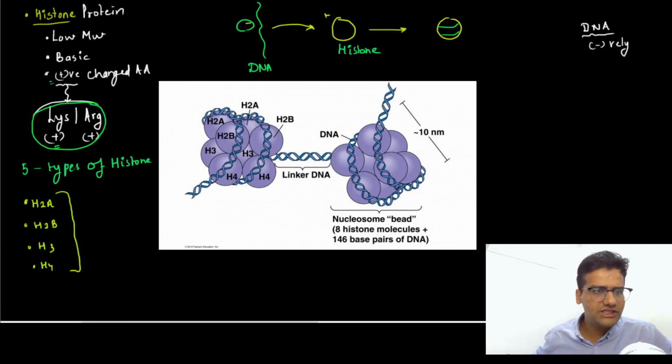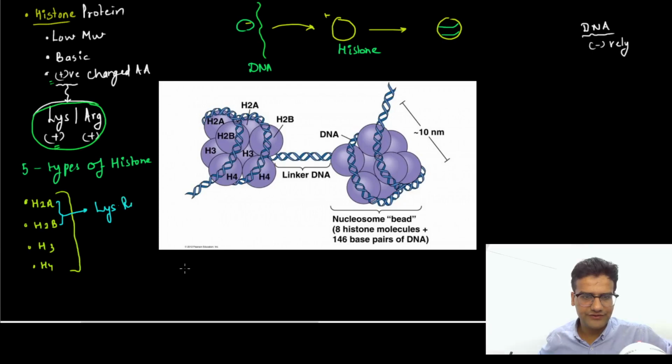Out of these histone proteins, H2A and H2B are basically lysine rich, whereas the histone proteins H3 and H4 are arginine rich. So these are basically the arginine rich basic proteins.